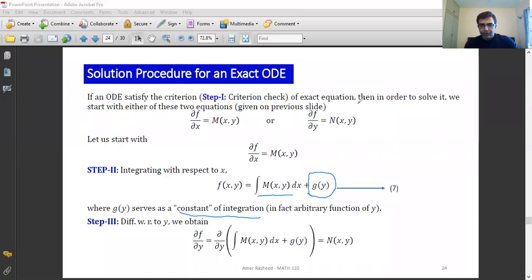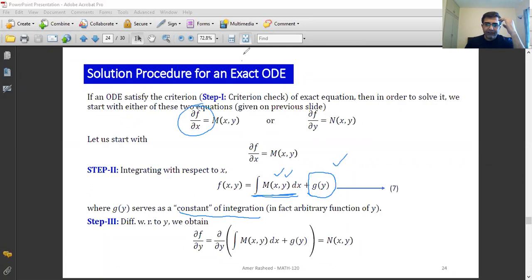I hope you got it. Why do we take g of y here? We take g of y because the integral is a function of two variables where we assume y is a constant while taking the derivative.